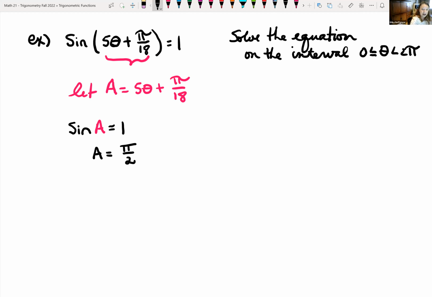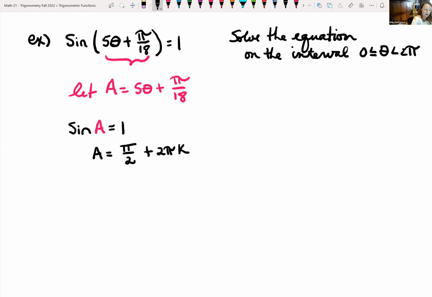But I know that doing a full revolution from pi halves would get me the same terminal side. So I can add 2 pi, or any multiple of 2 pi, so 2 pi k. So I know a is pi halves plus 2 pi k.